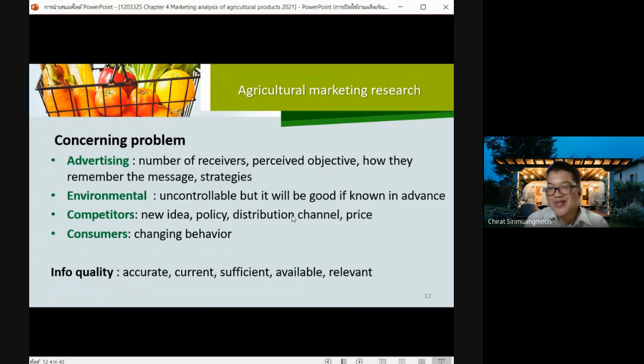Also, I need to be concerned about the number of receivers. So how many people are going to see the message, listen to the message, how they know or how they remember your products, and also whether the message that you send is effective enough that they accept it or not.